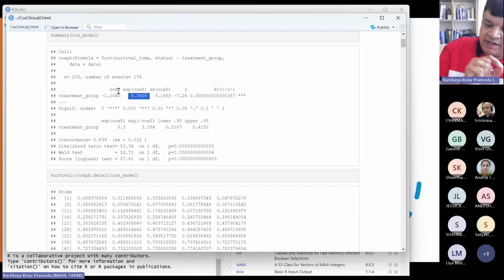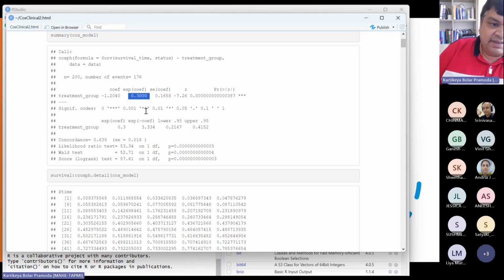So that means 0.3000 is suggesting that the hazard risk associated with those undergoing treatment is 0.3. So the hazard risk has reduced compared to those who are not undergoing treatment. Whether it is statistically significant is found out by the p-value.